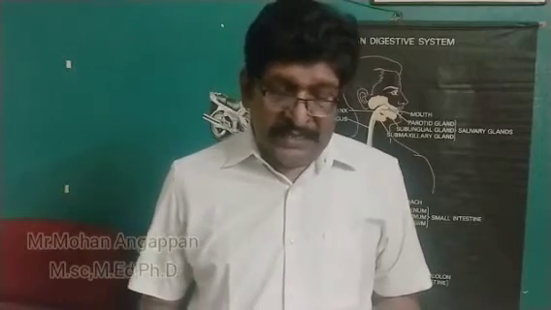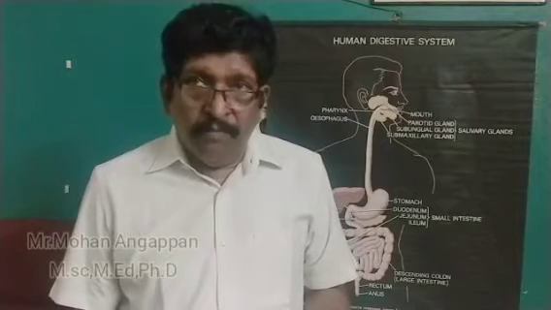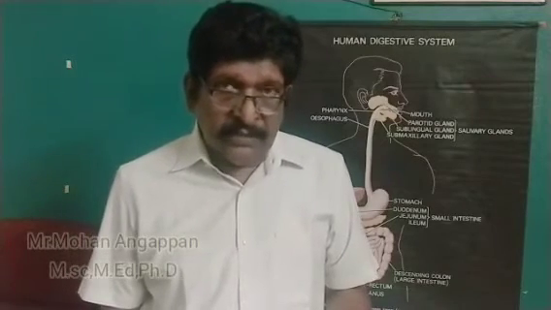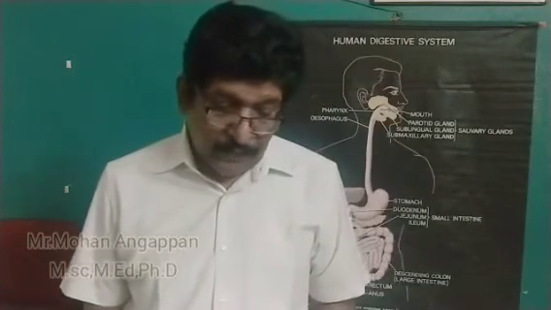Endocrine means it has alpha and beta cells. Beta cells of the pancreas secrete insulin, alpha cells secrete glucagon. You must remember, beta and alpha cells. Beta cells secrete insulin, alpha cells secrete glucagon.